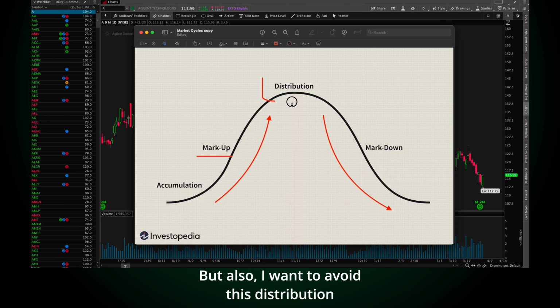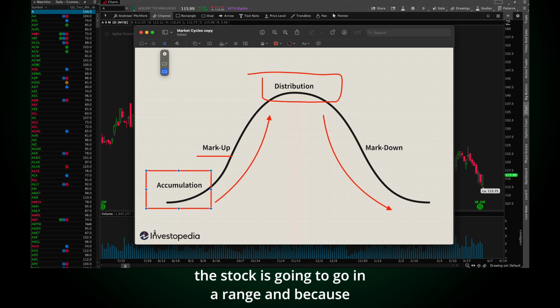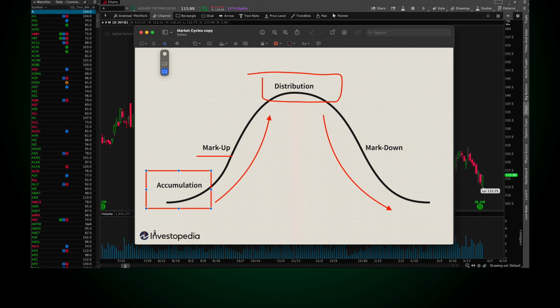But I also want to avoid the distribution and accumulation phases, because the stock is going to go in a range, and because I'm trading trend, I'm going to have multiple fake breakouts. Okay, so this is the idea.